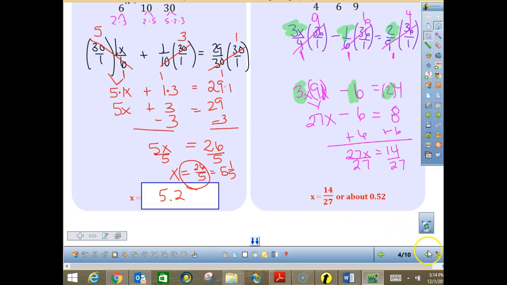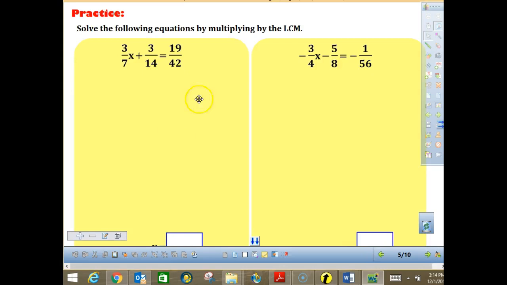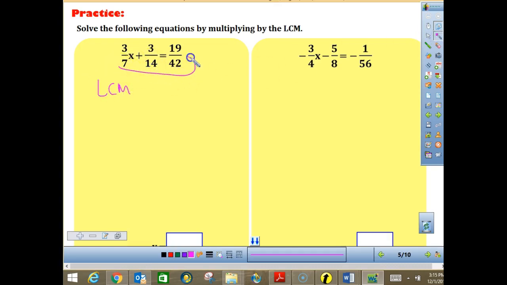So, all right. We are not going to do these two problems because they're more the same, and I'd rather you get to your homework. But I do want you to write down your least common multiple for me, right below each one. So, what is the least common multiple of these three? And what is the least common multiple of these three, right?